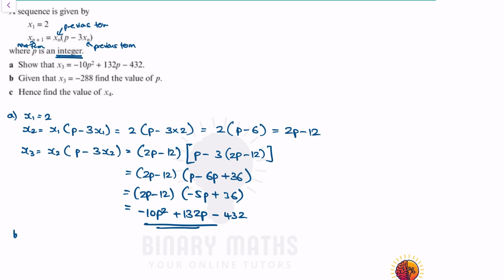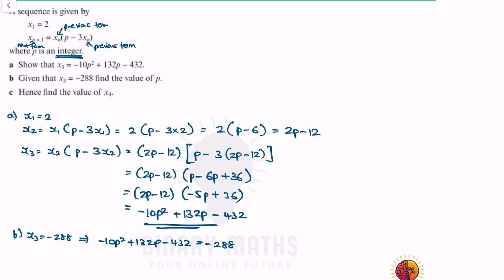Okay, part B. Given that x3 is equal to negative 288, that implies minus 10p squared plus 132p minus 432 must be equal to negative 288.